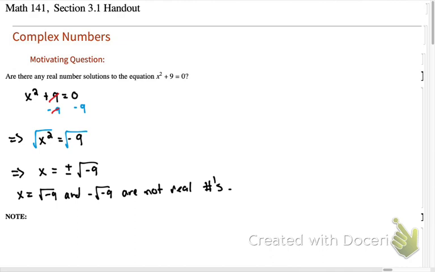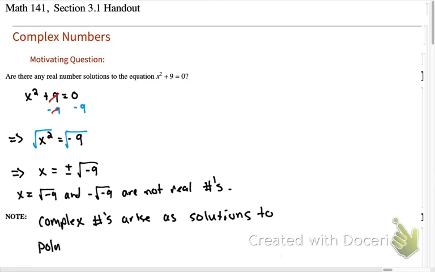Okay, so note that what we're going to be studying, complex numbers, arise as solutions to what are called polynomial equations.